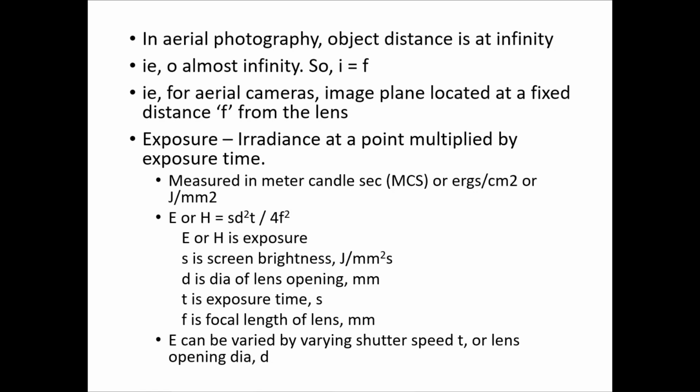So E is equal to St by 4F square, where capital F is the f-stop, equal to f by D. That is the relationship between exposure, screen brightness, exposure time, diameter of the lens opening, and focal length of the lens.